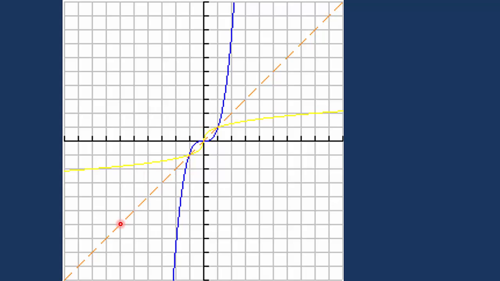Notice this line y equals x is like a mirror. It's like a mirror image. The function f is reflected across this line y equals x. You have symmetry. So functions and their inverses are symmetric across the line y equals x.